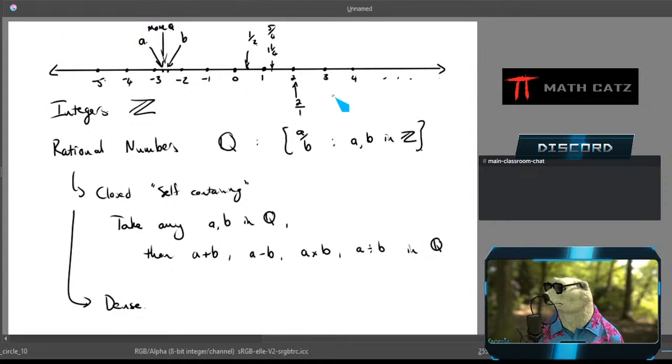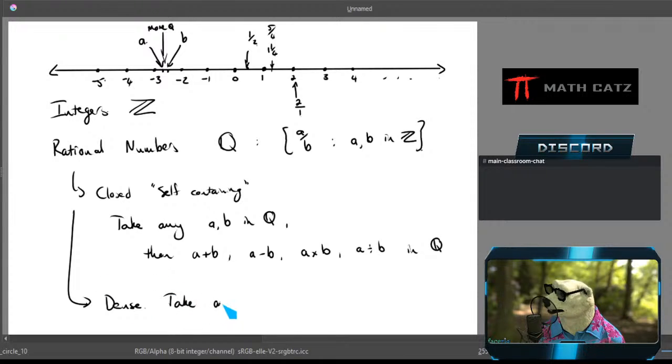And of course, that's not true for the integers, right? There's no integer between 2 and 3. There's a huge gap between them. But we draw a line because when it comes to the rational numbers, they have this density to them.